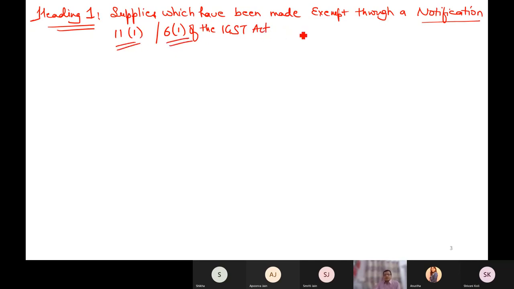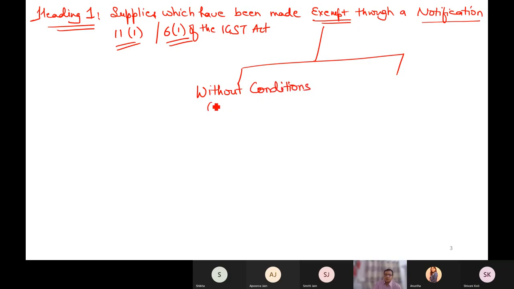Now, as far as exemption is concerned, there are two different types of exemptions which can be notified. Exemptions without conditions. In some cases, there is no condition. These are absolute exemptions. Like meat.